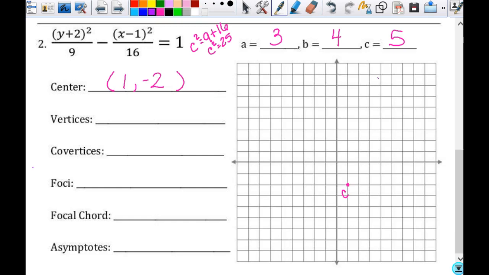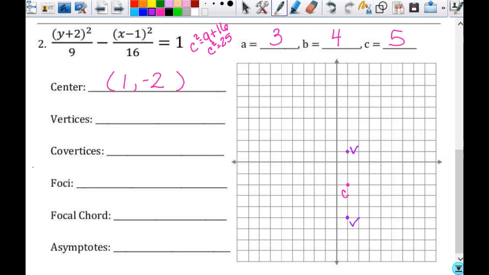So what threw me off was that since A is always the bigger one on the ellipse, I had this bad feeling like on the transverse it was supposed to be B on this one, but it's not. And I just was like, all right, so we're here. My A is 3. Since I'm opening up and down from the center, I can count A to get to the vertex, and I can count A to get to the vertex here.